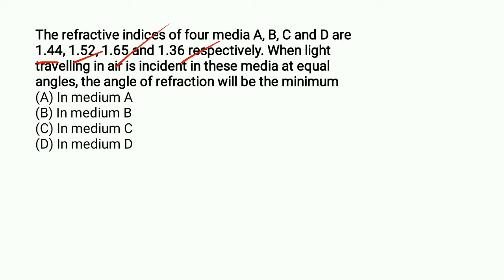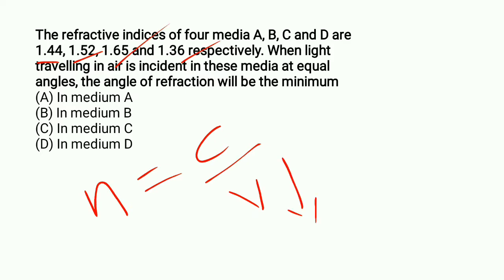To solve this question, we need to understand the relationship between the speed of light and the refractive index. We know that refractive index is equal to C divided by V. They are inversely proportional to each other, so whenever the speed of light decreases, the refractive index increases. Just keep this idea in your mind.